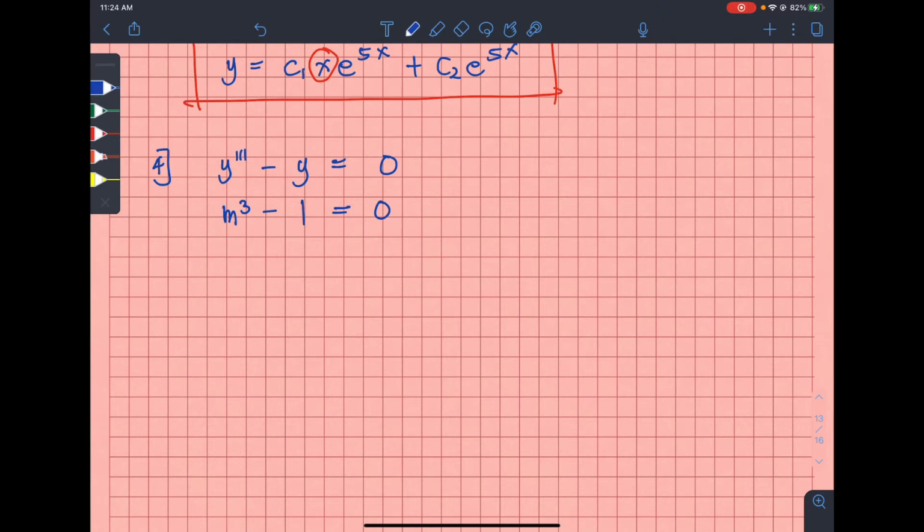From here, m cubed would be equal to 1, and so m would be the cube root of 1, which is still 1. Our m1, m2, and m3 are all equal to 1.